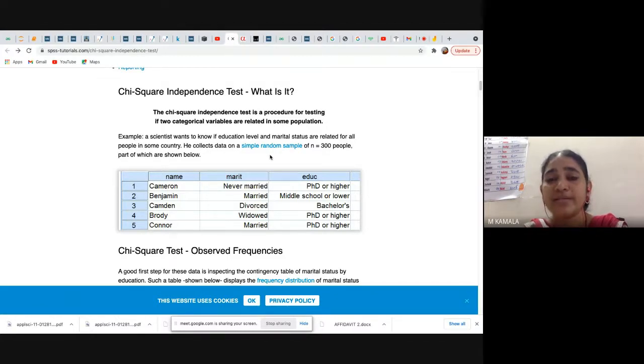The marital status we have is never married, married, divorced, widowed. Education status types are middle school, PhD, higher grade, and the bachelor's degree.